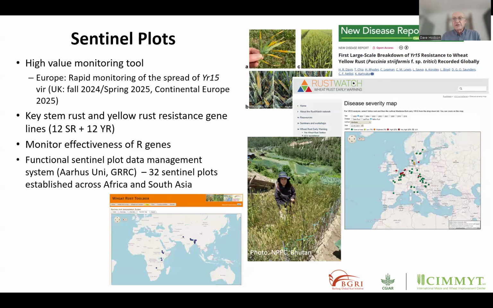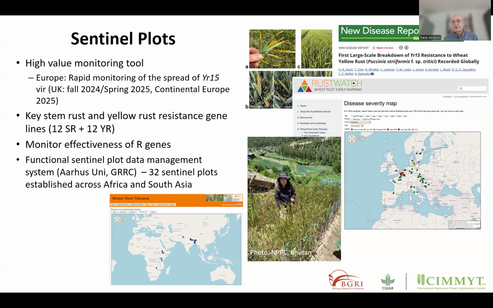Sentinel plots are another really important new tool that we're using for monitoring. I think the value of this was really demonstrated by the current situation in Europe around the emergence of YR15 virulence. That was first detected in the UK either at the end of 2024 or early 2025.